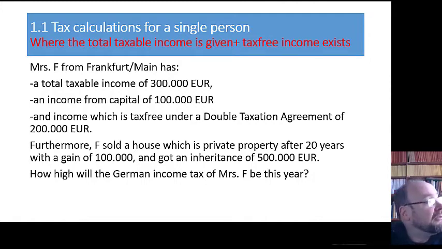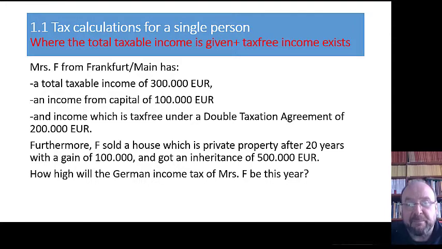And on top of all that, she also got an inheritance of 500,000 euro. Now, how high will the German income tax of Mrs. F be this year?